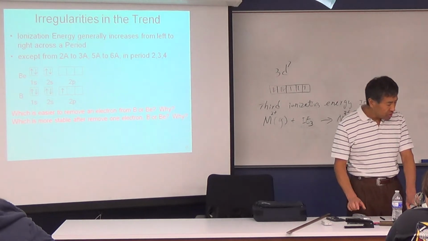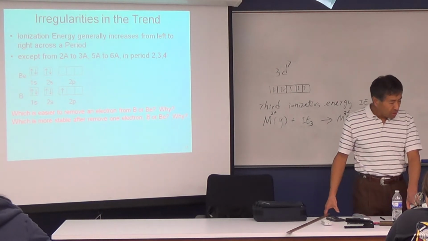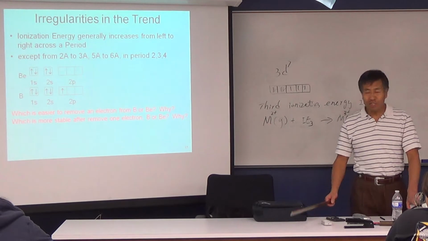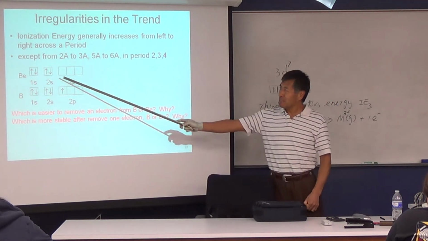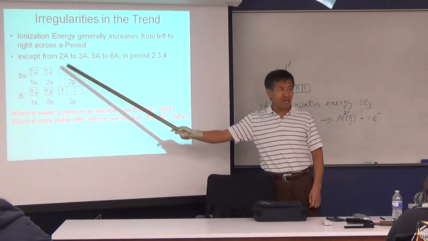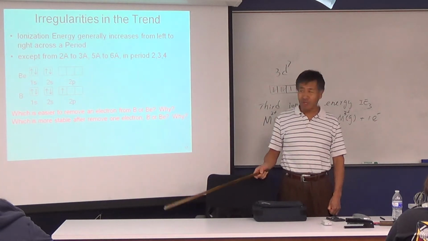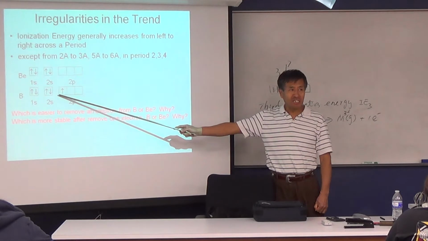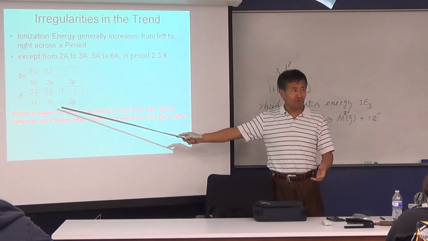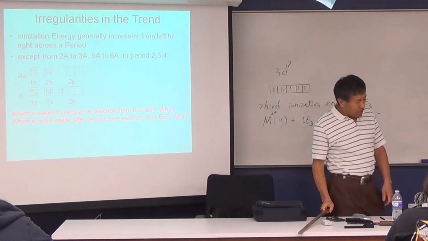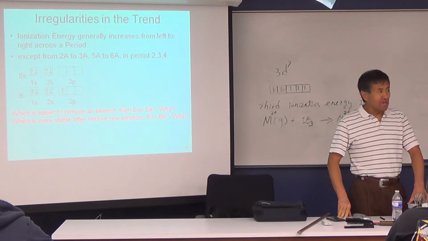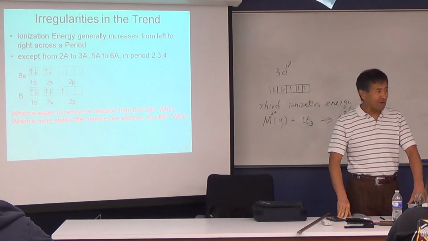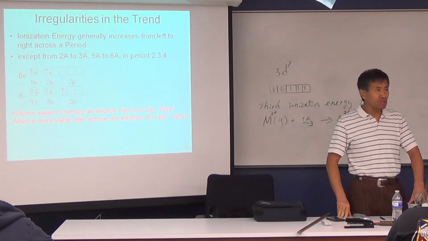The electron configuration for beryllium tells you that you don't have any single electron, because beryllium's subshell is completely filled, and boron has one single electron by itself. So we noticed this pattern first, and then we thought about how to use it to explain.